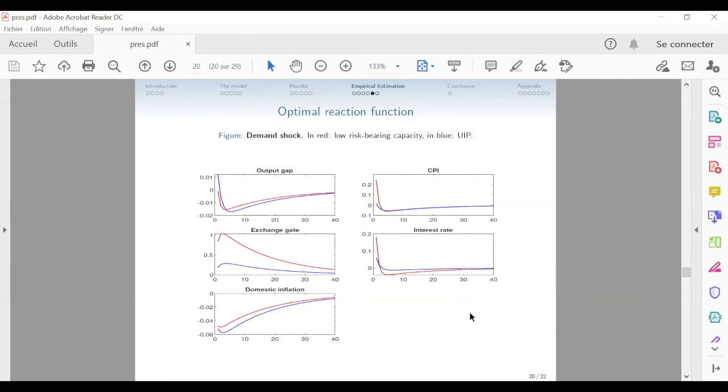Therefore, if you want access to the capital market, depending on the period, the effect on the exchange rate, and therefore on the economy, will be much higher. And therefore you have all this extra volatility.